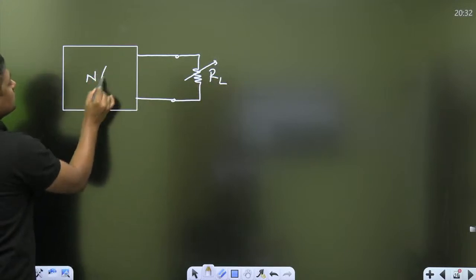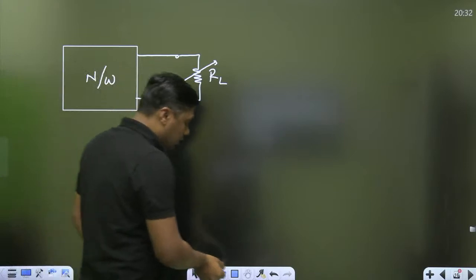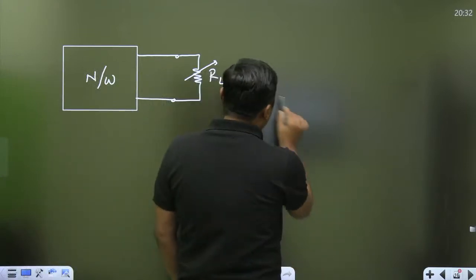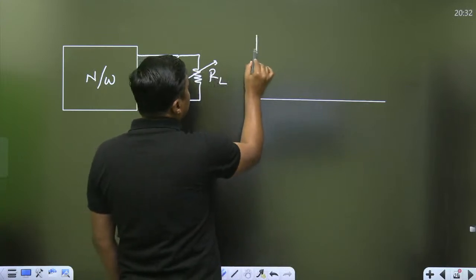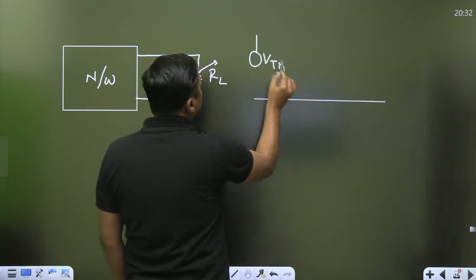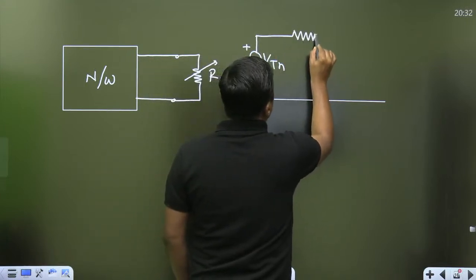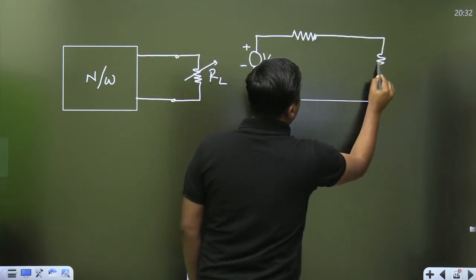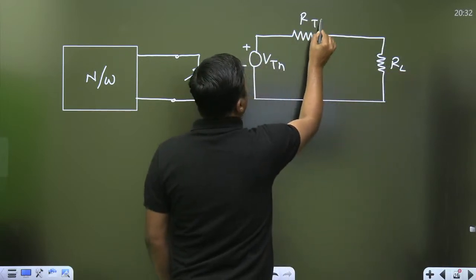Any network, RL is connected. We want to find the maximum power. I have to calculate VTH and RTH. VTH is called the open circuit voltage and RTH is the Thevenin's resistance, and again we connect RL, and this RL is variable.